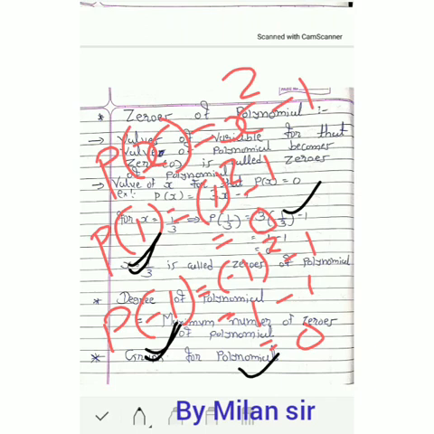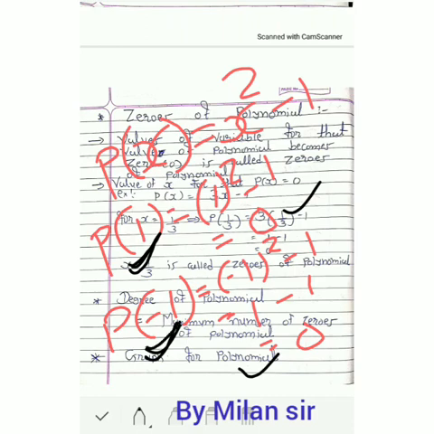That means 1 and minus 1 both are called zeros of the polynomial. But how many zeros can you find here? That is 2, because you find 2 values for which your polynomial becomes 0. So how many total zeros are there? 2. One is 1 and the second one is minus 1.